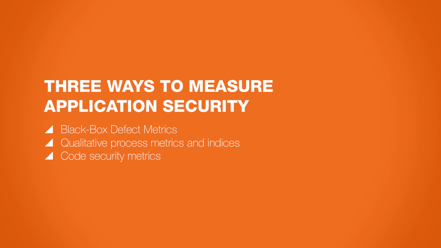And third, by counting design and implementation flaws in the code, also called code security metrics. They allow organizations to quickly score application security risk across an entire portfolio of applications. Code metrics such as vulnerability density and cyclomatic complexity provide raw measures of how secure and reliable code modules are likely to be.